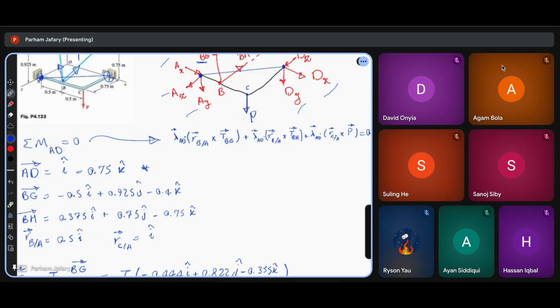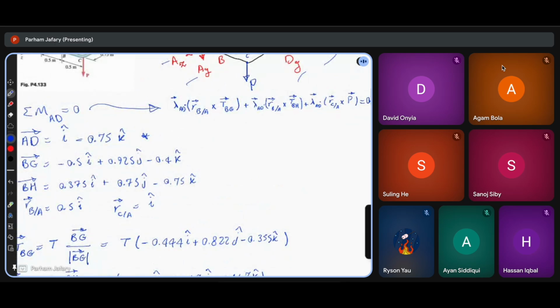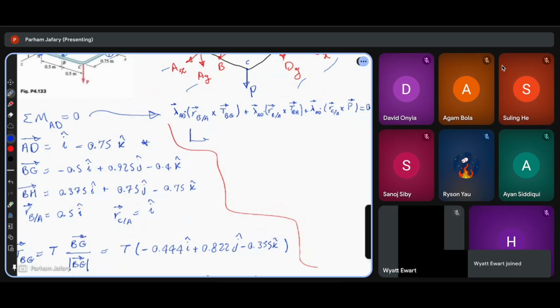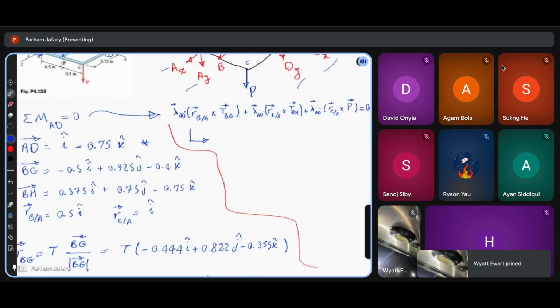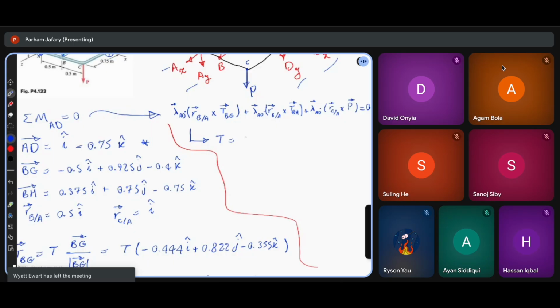Good. Writing the matrices and calculating the determinant, you will end up with an equation from which you can find T to be 360 pounds.